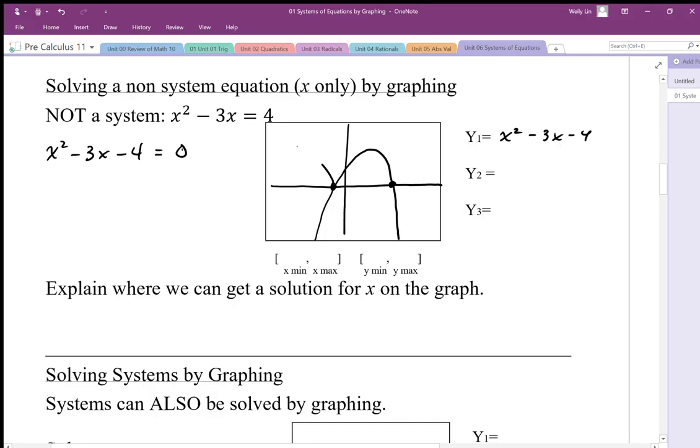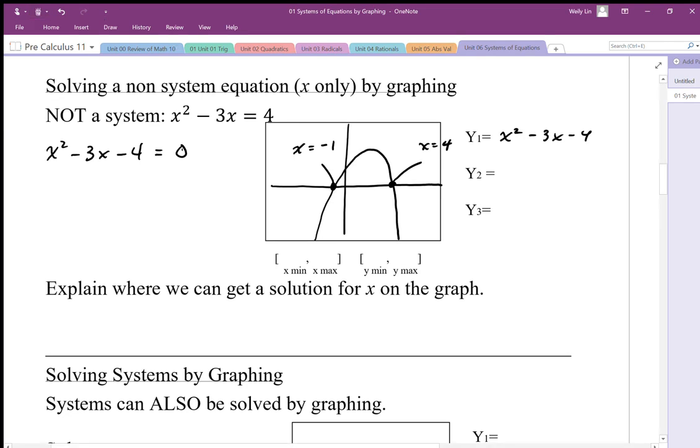We're going to end up with x equals -1, and a solution at x equals +4. So when we have a one-variable or one-dimensional solution, the equation has a one-dimensional solution along the number line, or along the x-axis.